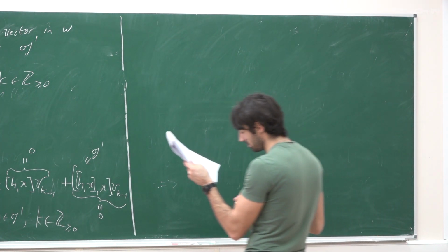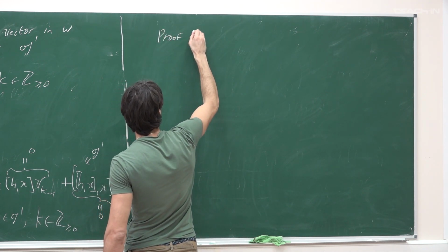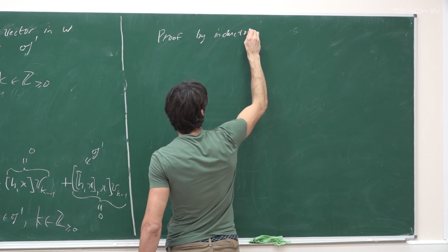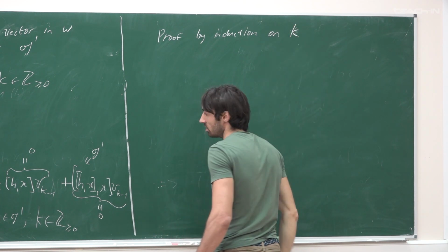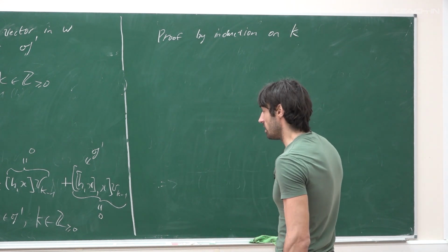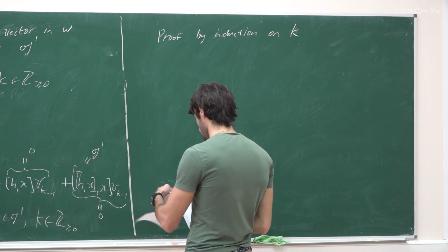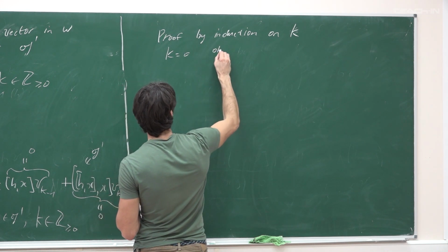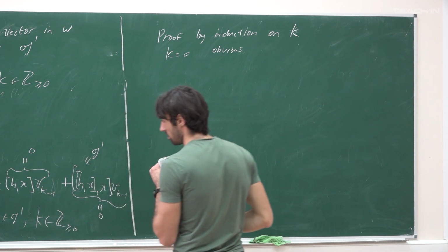So again, proof of claim 3 is by induction on k. So V0 is obvious. For k equals 0, just obvious. That's how we defined V.